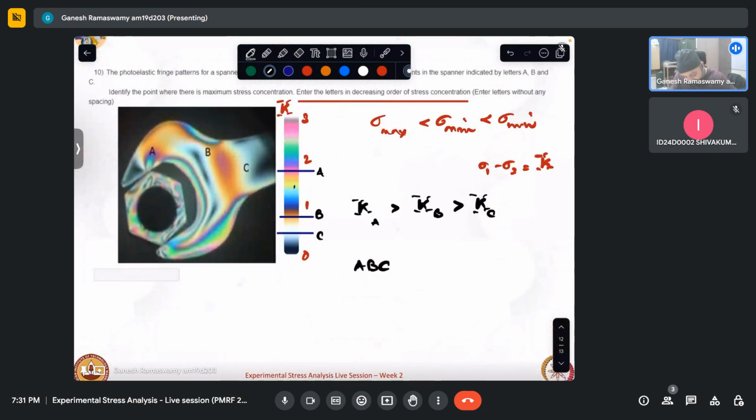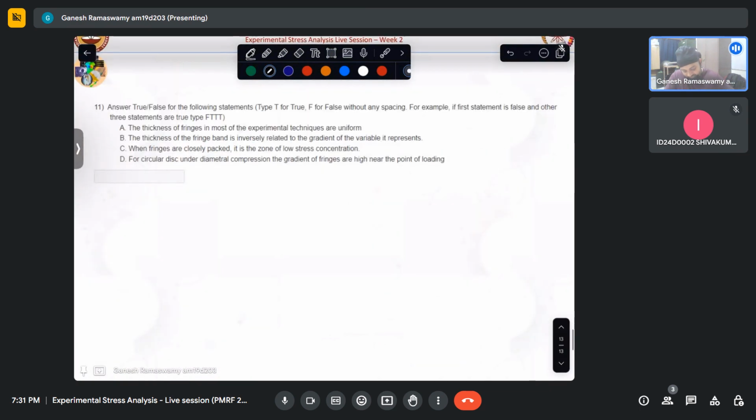Here we are able to see this blue has this thickness, whereas the same blue has a lesser thickness over here. So not even within the domain, we are able to see variation in the thickness. This is all stemming from the mechanics or the physics of the problem, not from the experimental technique. So this is clearly false.